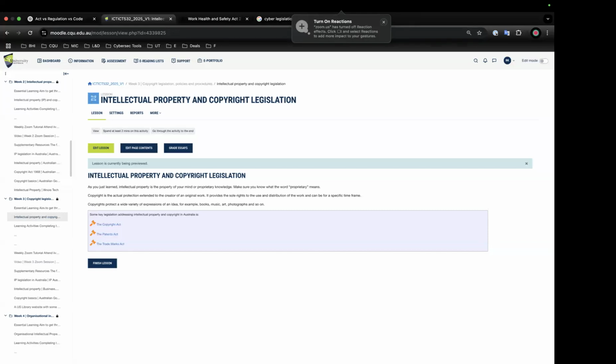So proprietary, if we take a step back and just talk about proprietary, what's the standard definition of proprietary? Well, proprietary means one that possesses, owns, holds sort of exclusive rights to something. Yeah.